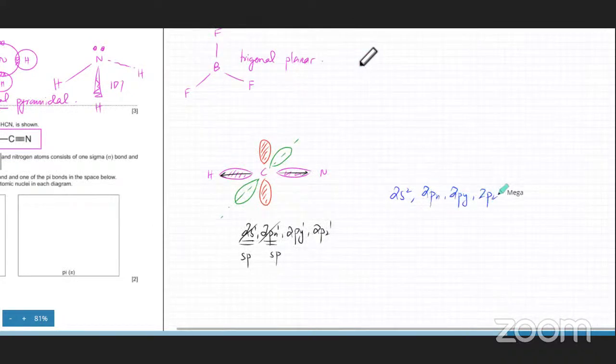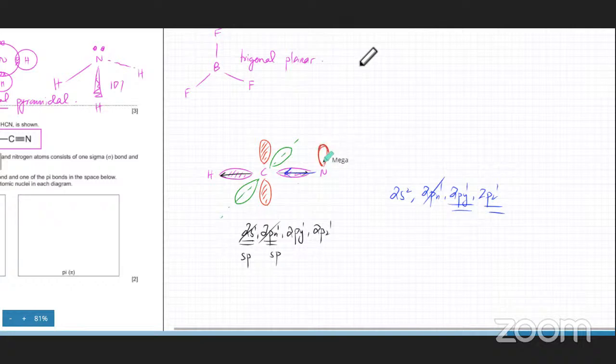They need electrons. Now, one of them got pulled in one direction by the carbon atom, so that still leaves you with two other orbitals, and these two other orbitals would be on different axes.